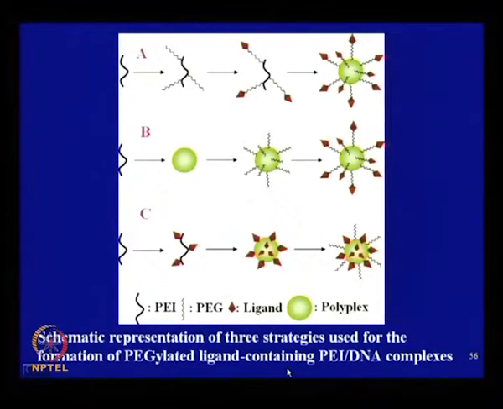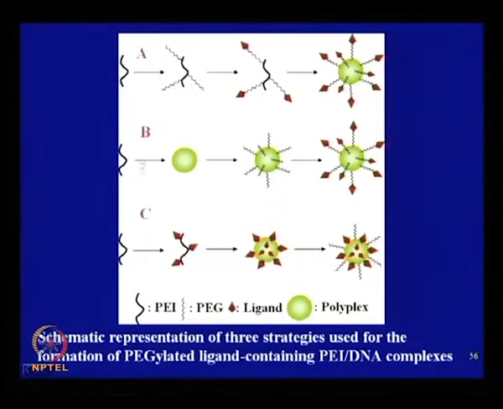Ligand complexes. This polyethylene imine, PEI, polyethylene imine DNA complex. If this DNA is used for some therapeutic purpose, that DNA should be connected through polyethylene imine polymer, which again should be connected with the help of this polyethylene glycol polymer.